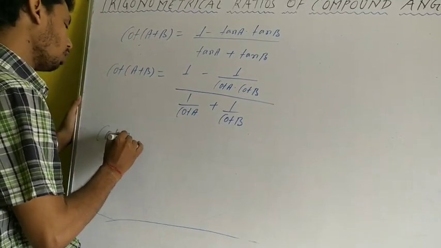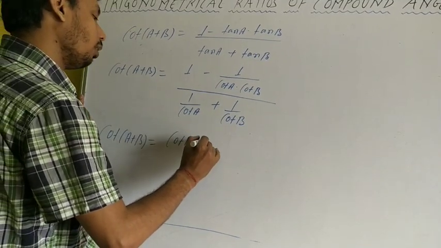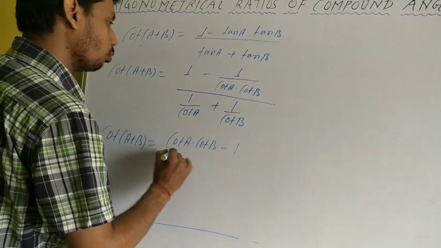Or cot(a plus b) is equal to cot a into cot b minus 1.